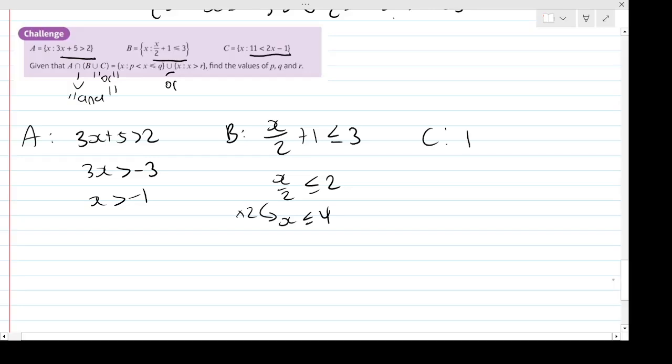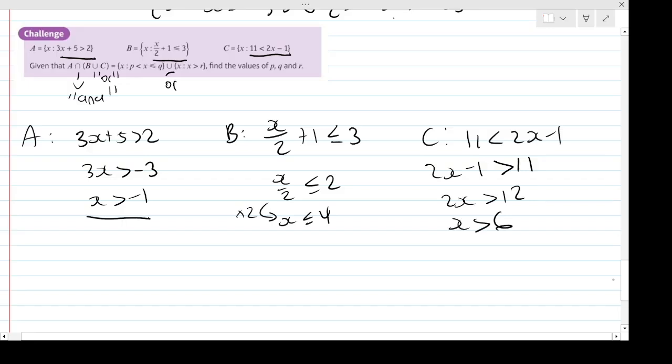So 11 is less than 2x - 1. I'm going to flip the sides because I want the 2x on the left, personal preference. So 2x - 1 is greater than 11, then 2x is greater than 12, and x is greater than 6. Okay, so these are the three results: x greater than -1, x less than or equal to 4, x greater than 6.